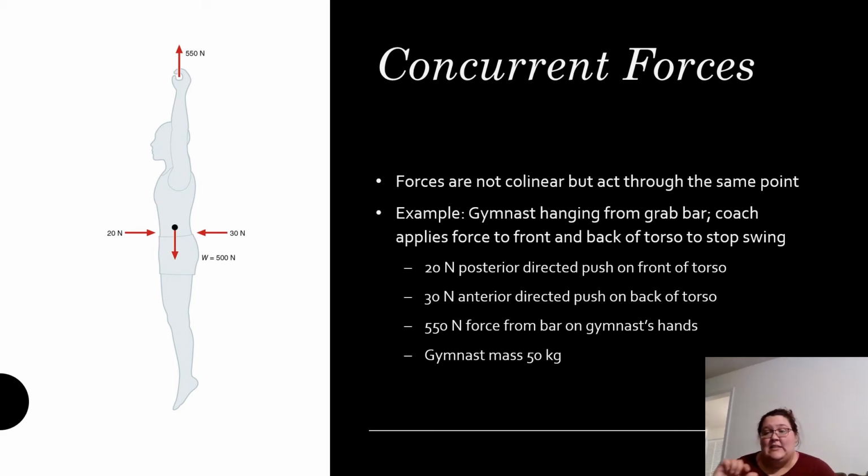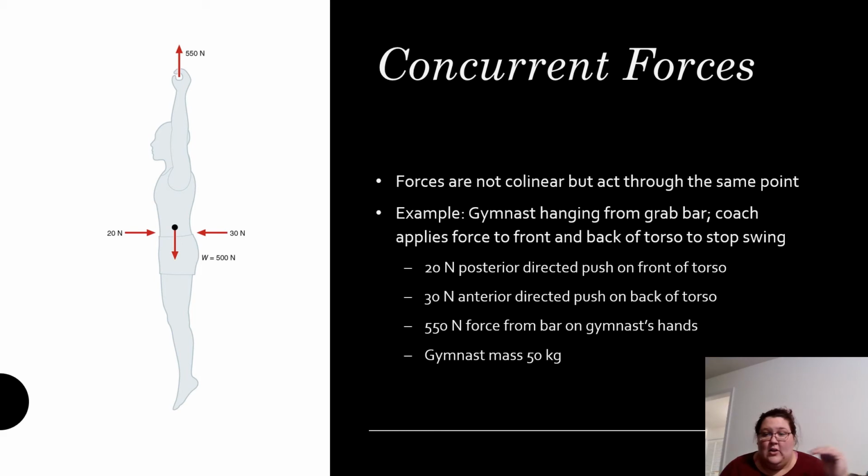If you get excessive forces that are concurrent forces, instead of linear movement, you're going to get rotational movement. This is going to be really important when you get into more complex movement patterns. But basically, I can add forces anywhere at the center of mass, and it's going to cause different characteristics of movement. So, sounds like a good test question.